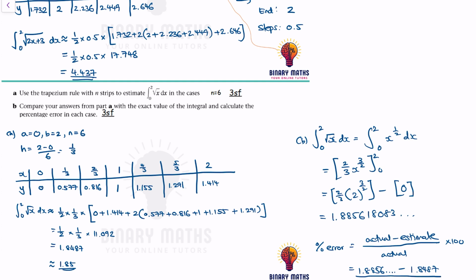All over 1.8856, and so on, times by 100, which gives me 1.95787. And if I round it to three significant figures, I get 1.96%. So that would be my answer for percentage error.